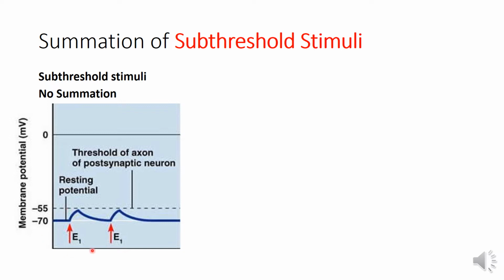On screen, we should be seeing two EPSPs, excitatory postsynaptic potentials. They have not reached threshold, so there is no summation.